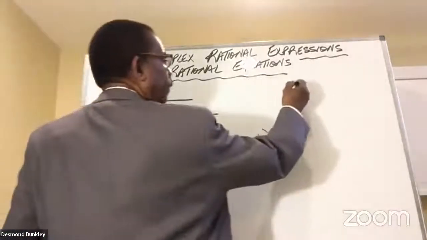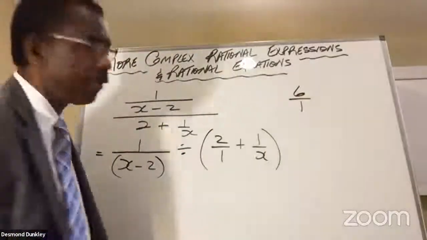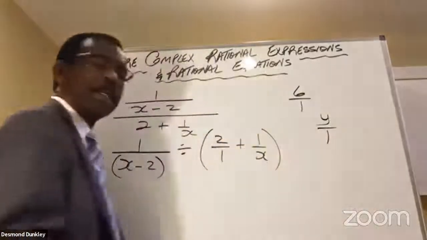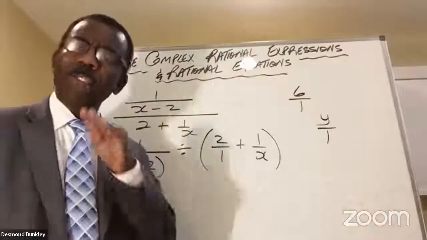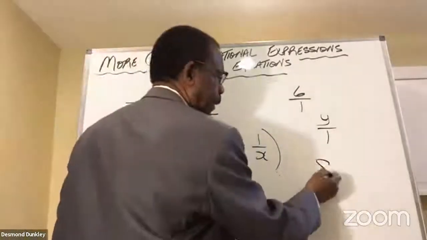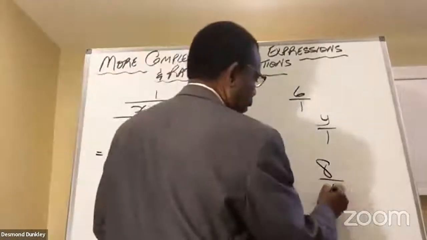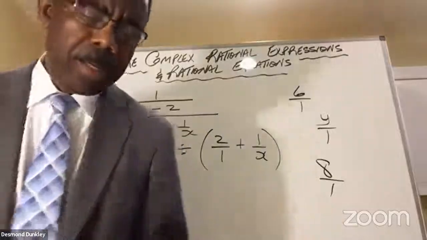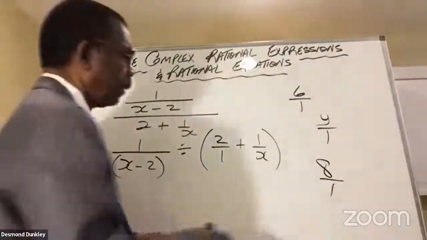Anything I give you, 6, I can write as 6 over 1. It doesn't change the value. If I gave you y, you can write that as y over 1, because anything divided by 1 is the same thing. If I gave you the number 8, I could still put it as 8 over 1. It's equivalent. They are the same value. Okay? And that becomes very helpful when you're doing questions like these.